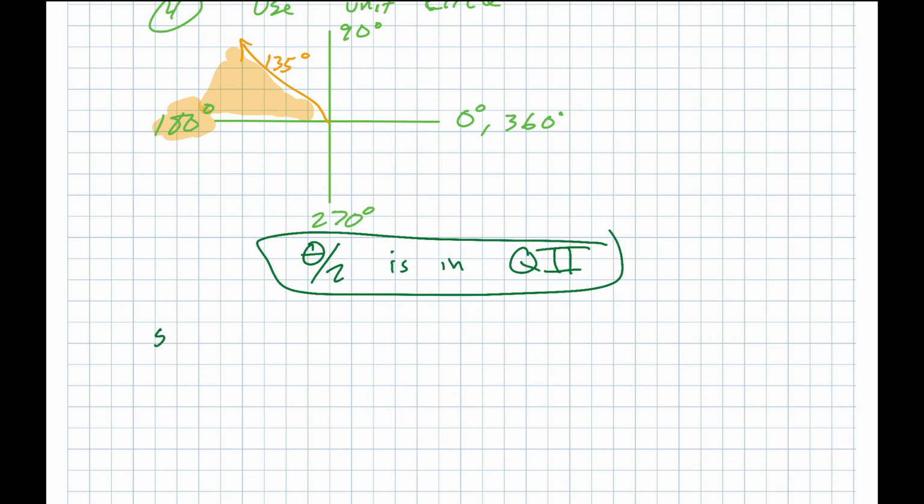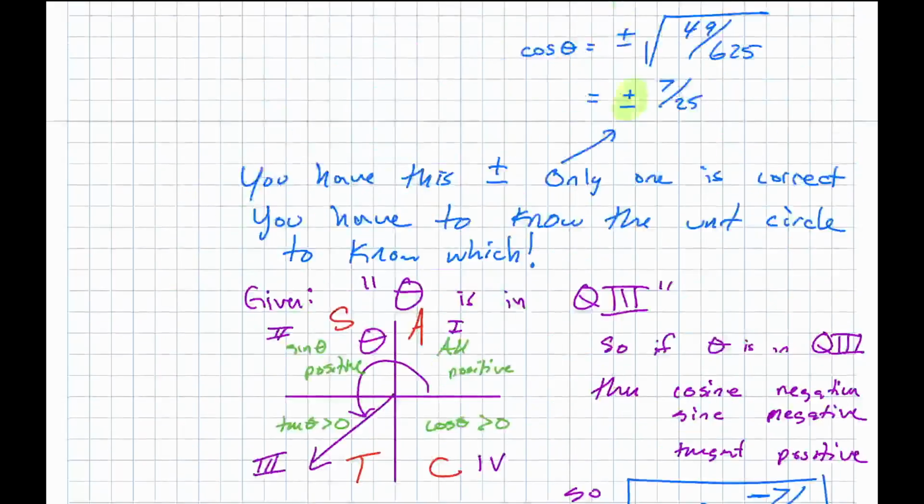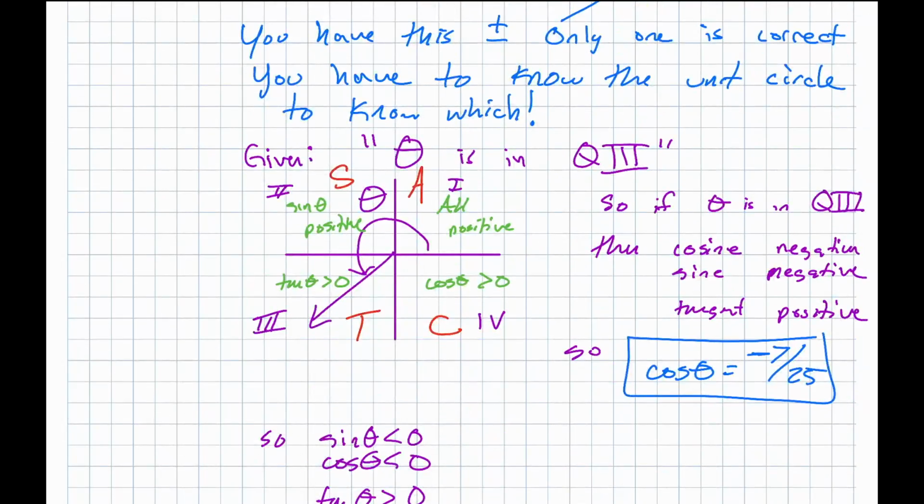And then from there, you would be able to use that information to know whether it should be positive or negative. So in quadrant 2, you'd be able to say that sine theta over 2 in quadrant 2 should be positive, but cosine theta over 2 in quadrant 2 should be negative, and tangent theta over 2 in quadrant 2 should also be negative, right? Just based on this information.